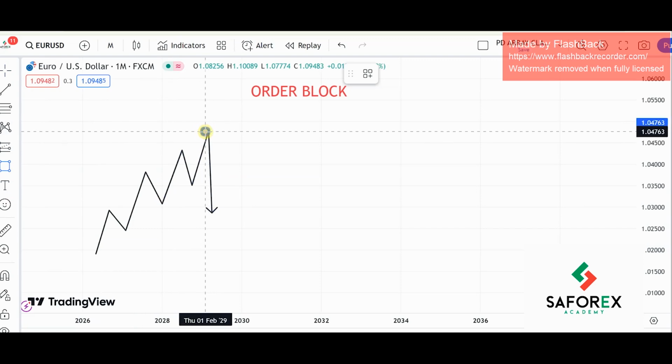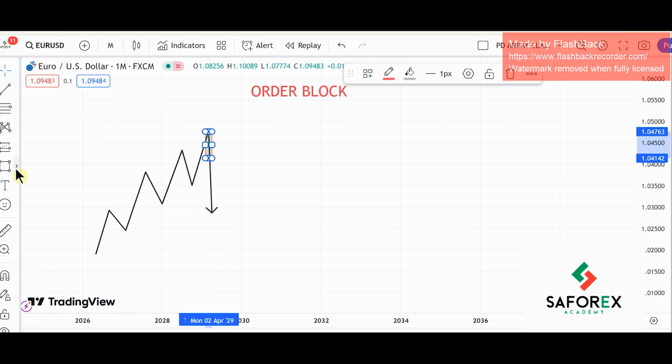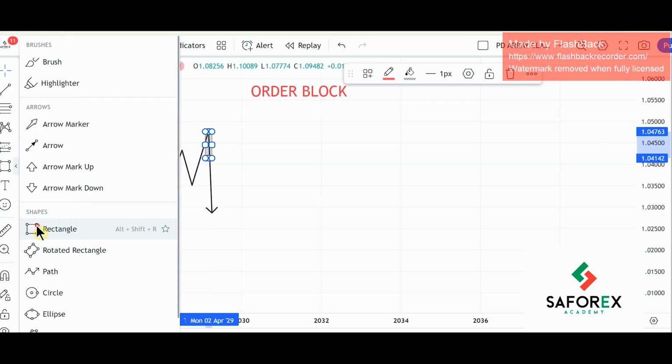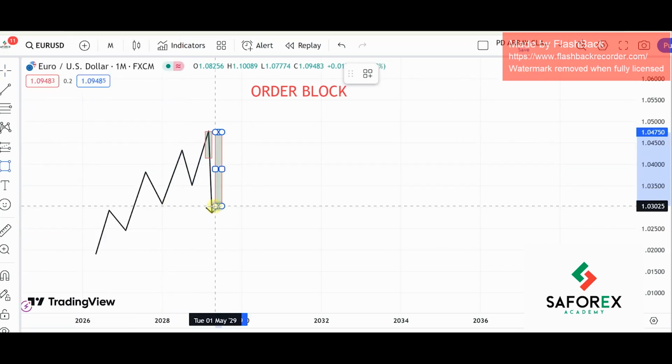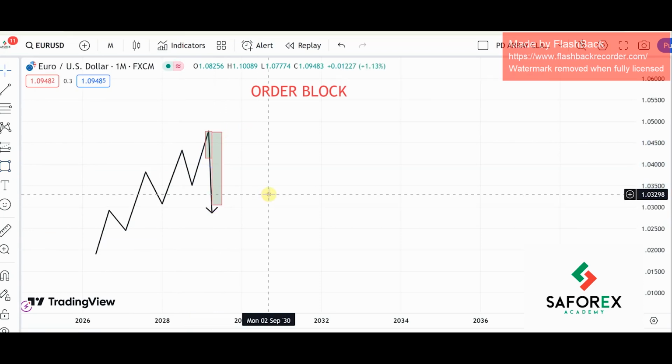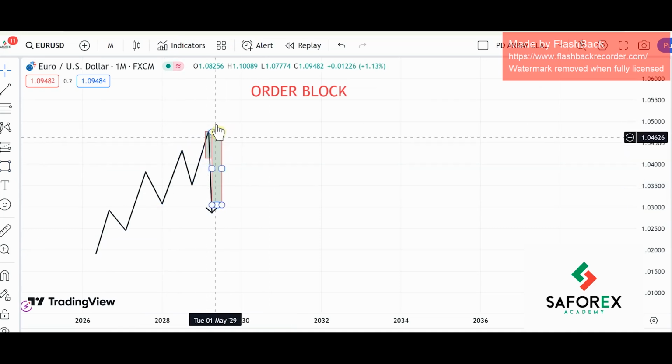Green candles keep printing, before you now see one red candle just do like this. Now what is happening? So this green candle here is what is called an order block.